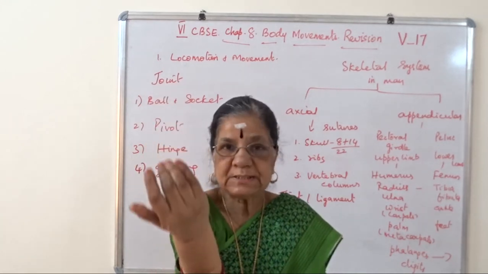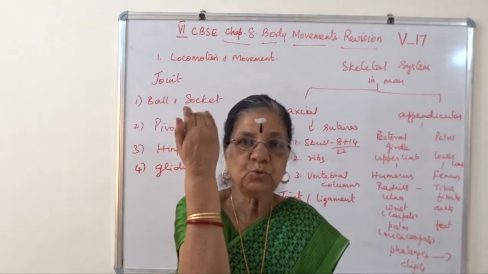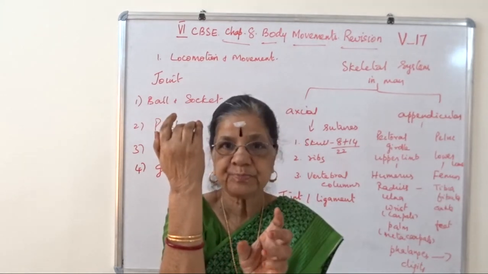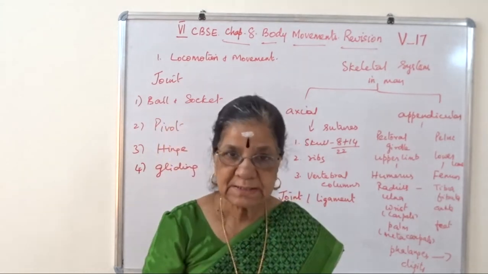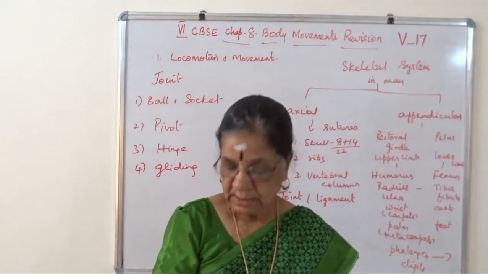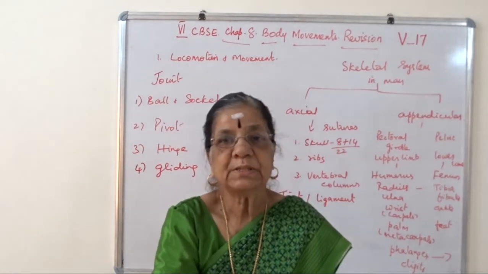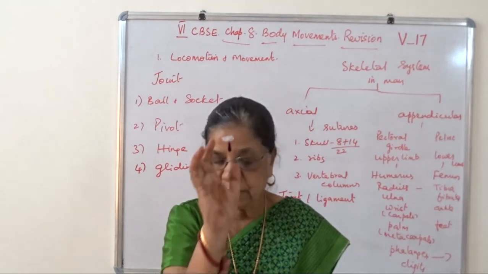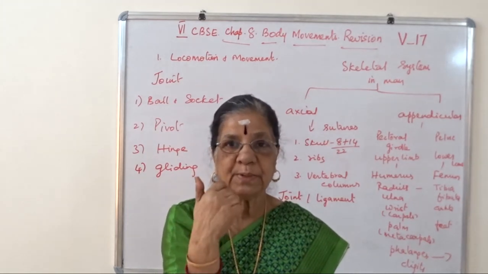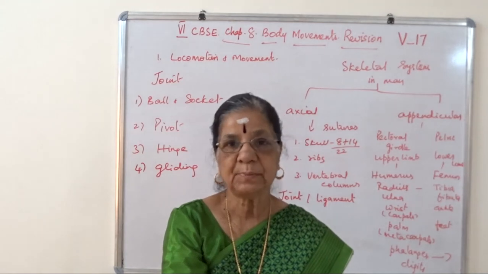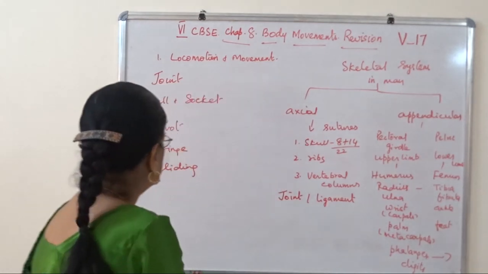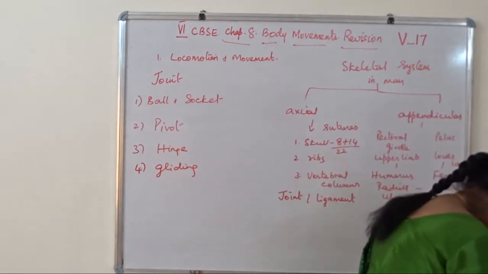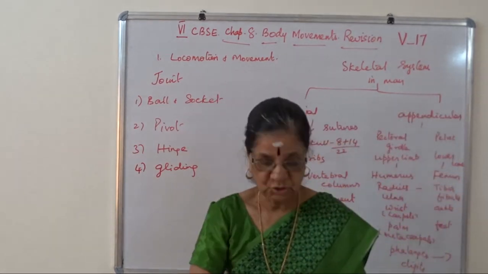So when this radius and ulna is moving towards you, these two are parallel, next to each other. Whereas when you put your hand down, they cross over, right? That is gliding joint. Whenever you need to overlap, they overlap, and if you leave it down it stays as it is. So that is gliding joint. I hope you understand this. So these are all movable joints.